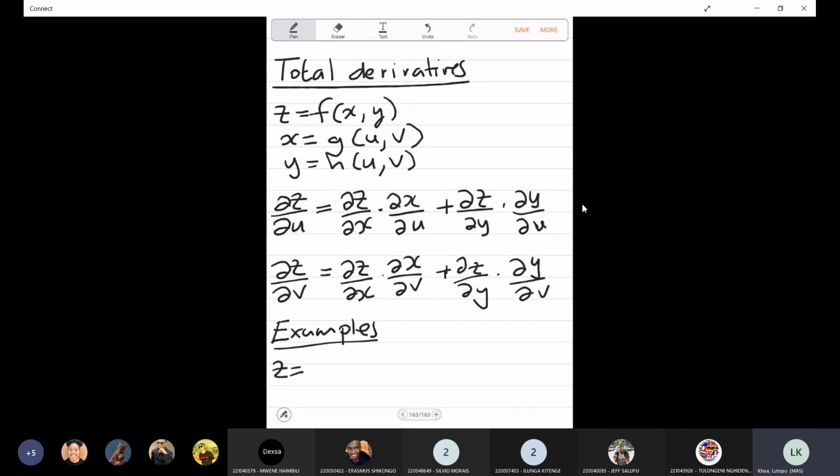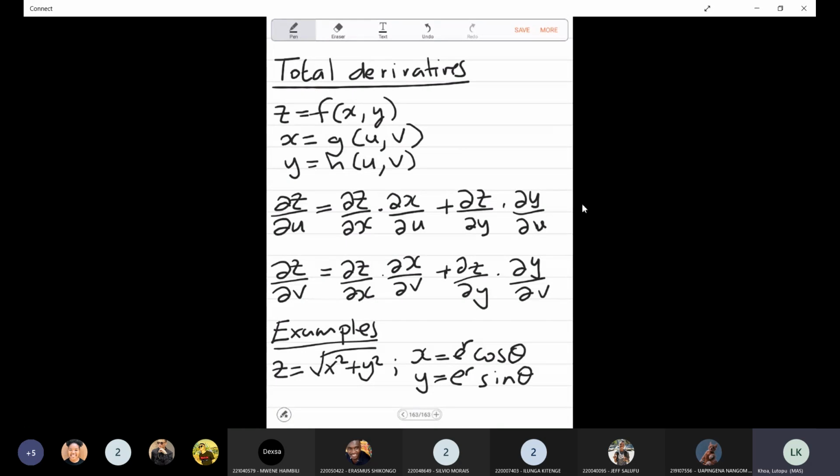So let's say z is the square root of x squared plus y squared, and we're also told that x is equal to e to the power of r cos theta and y is equal to e to the power of r sine theta.